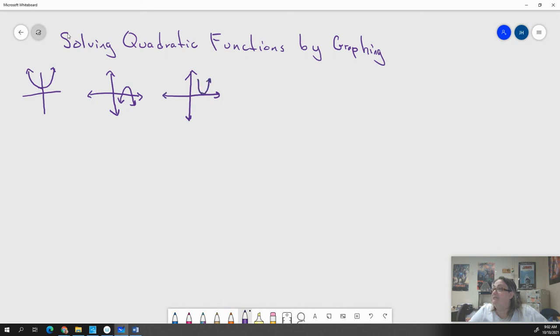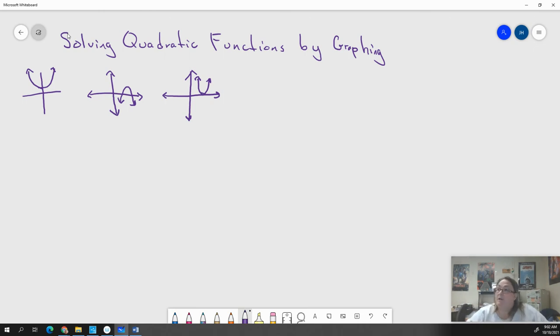I drew these specifically for one reason. They always make that U shape. They're always what we call symmetric on both sides. Wherever this vertex, that turning point, is, everything is symmetric on either side of it from there.